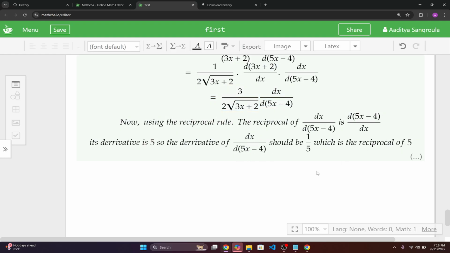This would be equal to 1 over 5. So that's 1 over 10.